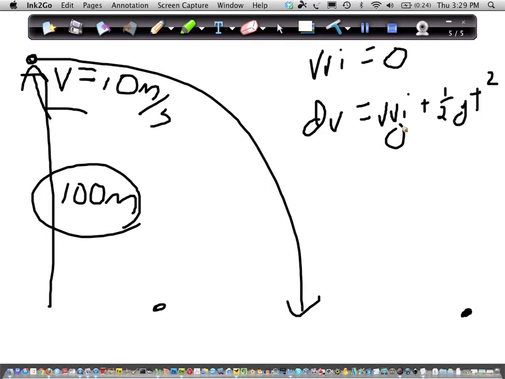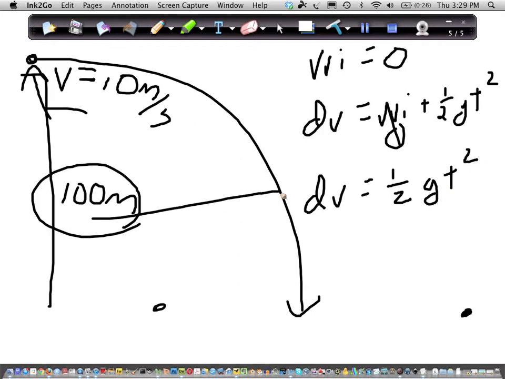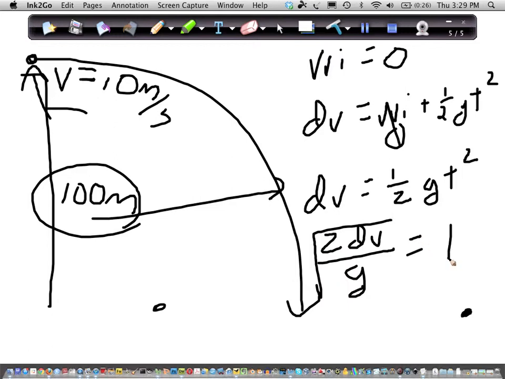We know this is 0. So distance vertical equals 1/2 GT squared. We know the distance vertical is 100. So if we were to rearrange this, the square root of 2dV over g equals time. Then we would have our time.